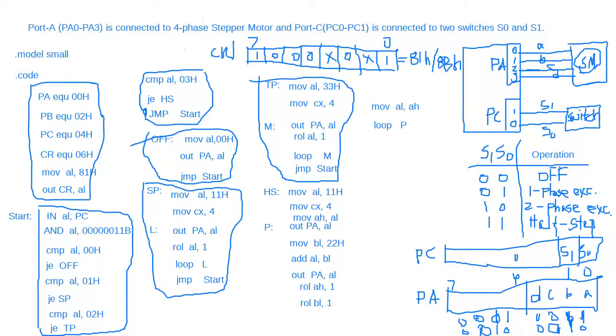Now look here. One thing we can see is that BL we should write out of the loop because it is fixed. This fixed value we will keep. Okay, let me check. Now it is okay.